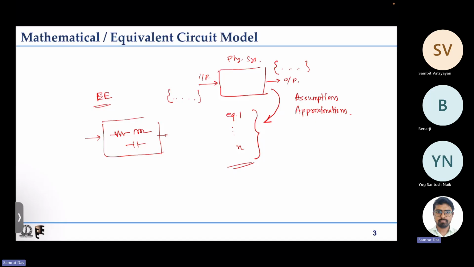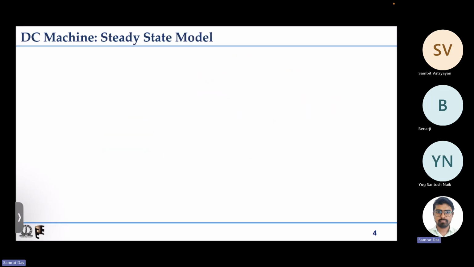If those can be reasonably matched with this mathematical model, that is for a wide range of operating conditions, if our mathematical model can represent the physical system accurately enough, then we can tell that that is an accurate model of our physical system, and our modeling is good enough for other purposes.